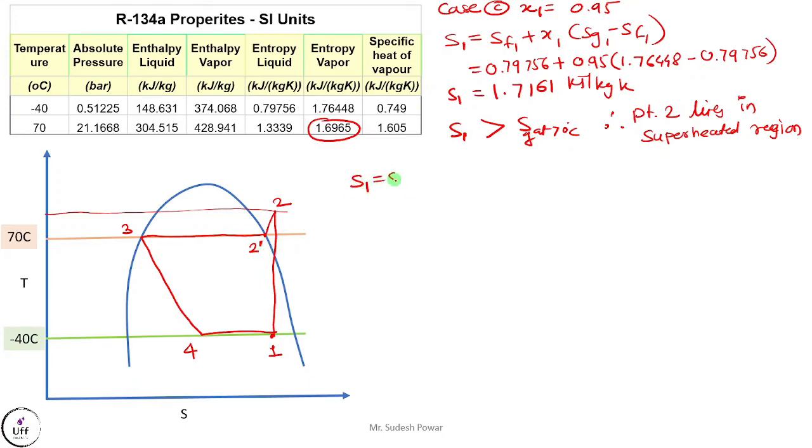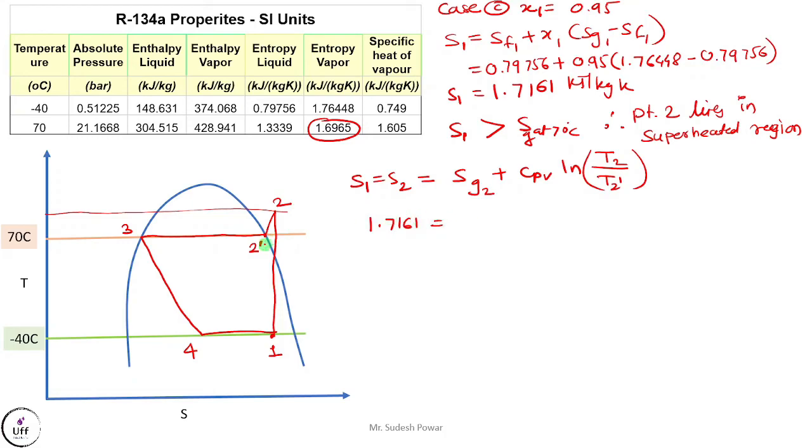So S1 is also equal to S2, and since point number 2 is in superheated region, we can write it like this: S2 is equal to Sg2 plus Cpv into ln of T2 divided by T2 dash. By using this, we can find out the temperature at point number 2. So S1, that is also equal to S2, we have got, that is 1.7161.